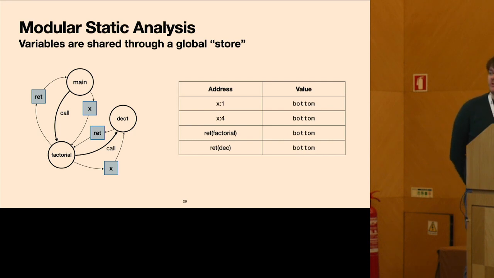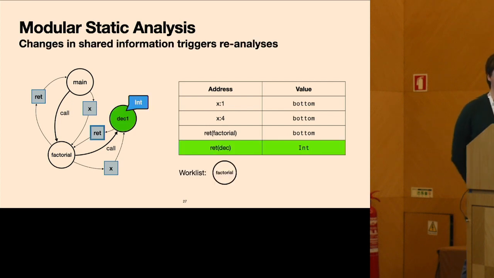At the moment, we don't have any information about the variables in this program, so everything is bottom. Now, let's say that one of the values in the store is updated, for example, in the decrement1 function. Then it's normal that we have to reanalyze the factorial function because it reads the return value of the decrement function.